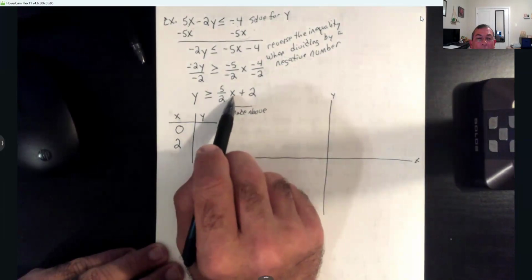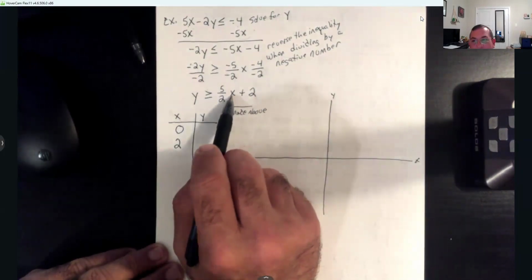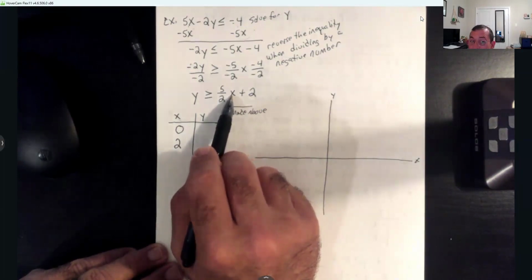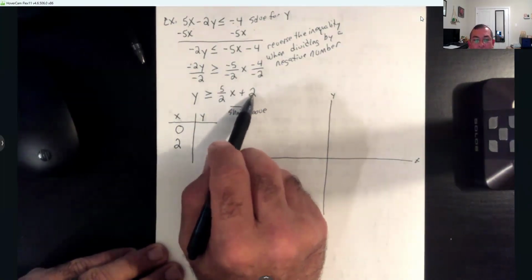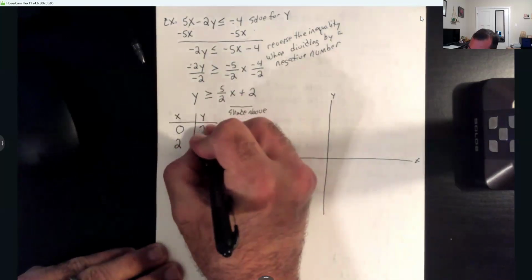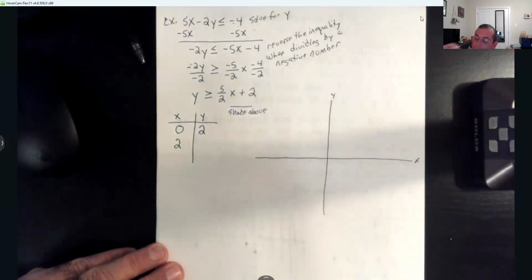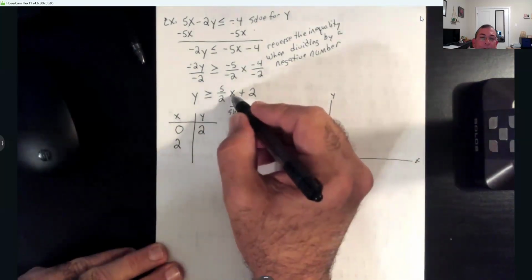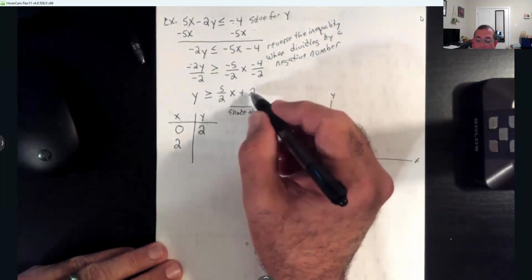So if we put a 0 in here, 5/2 times 0 is 0, okay? And 0 plus 2 will make that y value a 2. So basically, anytime you put a 0 in for the x, it's going to equal whatever that last number was.